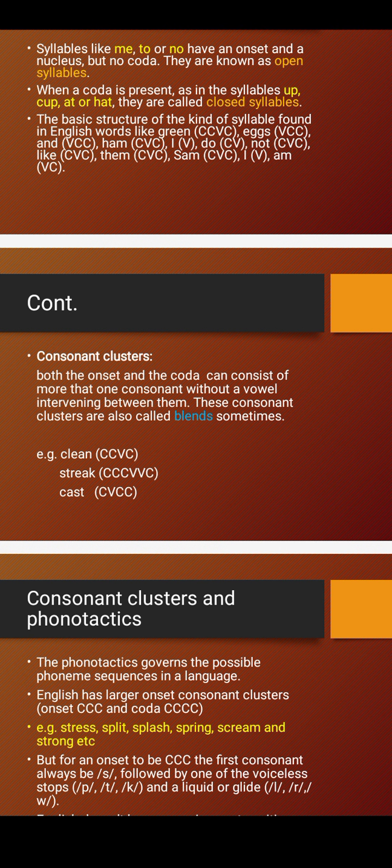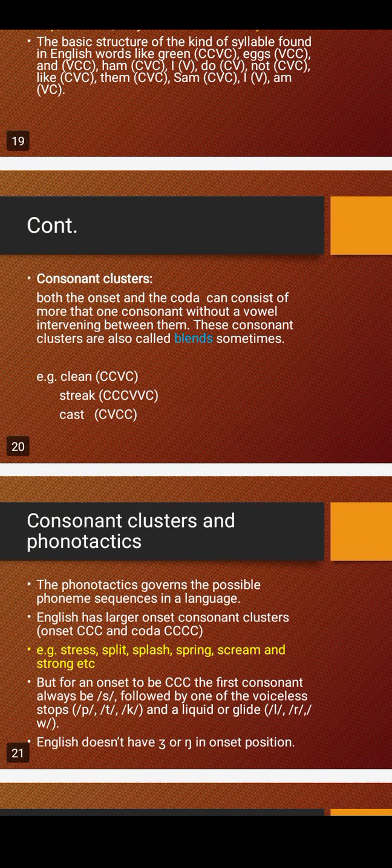And usually English has syllables with a maximum of four consonants coming together as coda. One more thing I have already mentioned is that these consonant clusters are also called blends. You can see the word written in the slides as well.